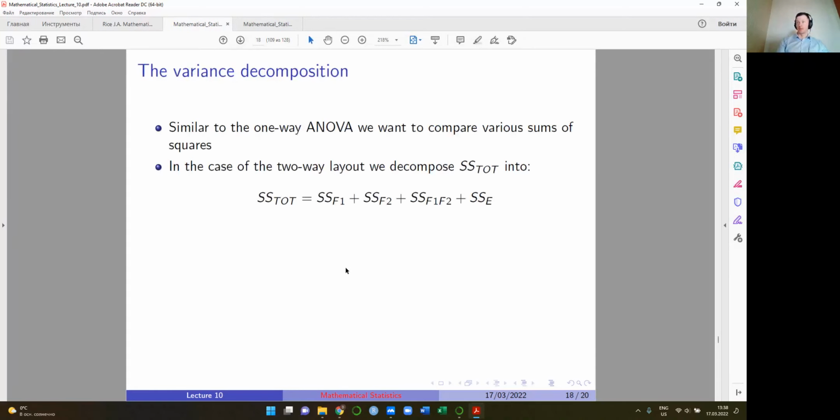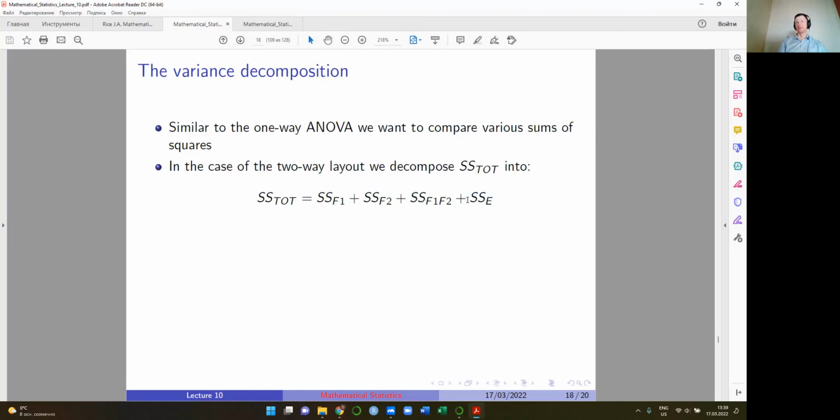Similar to one-way ANOVA, we do this test based on the decomposition of the sum of squares total. In this case, we decompose it into the sum of squares caused by the first factor, the sum of squares caused by the second factor, the sum of squares caused by the interaction, and the sum of squares error. So there is nothing like within or between right now.